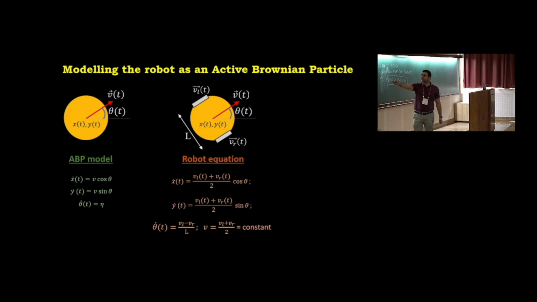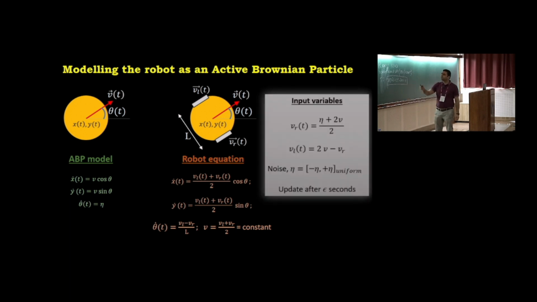So we write down the robot equations, where VL and VR are the instantaneous left and right wheel velocities. We can set some constant velocity, which is (VL plus VR) by 2, and that is your active velocity. When we match these two equations, we get the input variables which have to go into the wheels, and that tells you the instantaneous speeds of your wheels in order to get such an active Brownian motion.